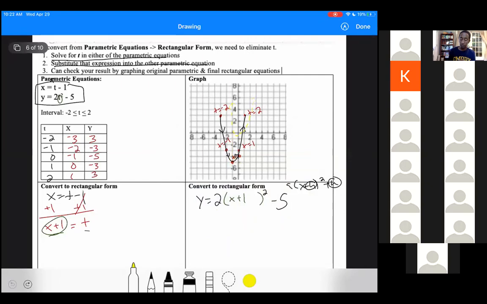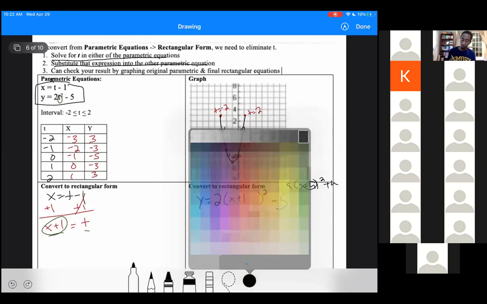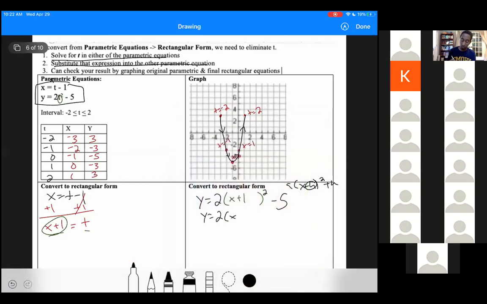Now let's convert that to standard form. So we just write this out. 2 and then (x plus 1) twice, and just kind of distribute that and simplify it just to see the standard form as well. But that's really all. So I'm going to distribute this 2 first, just to deal with it.